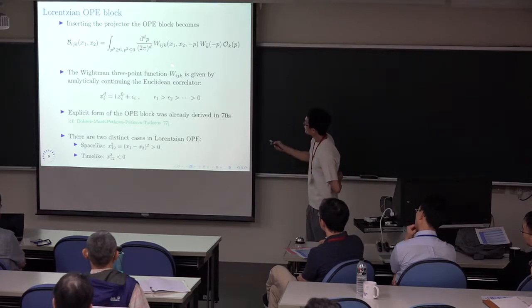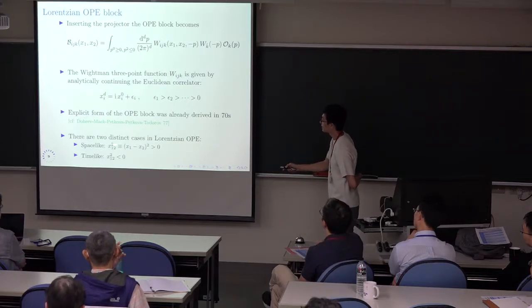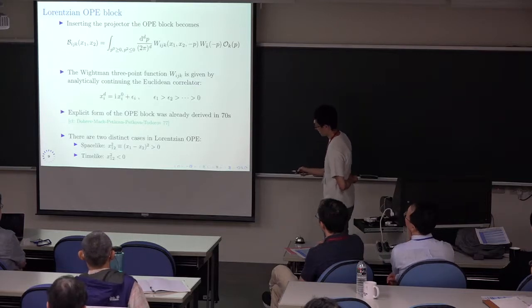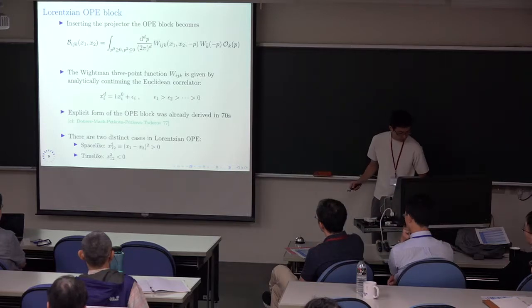And in the Lorentzian case, there are two distinct cases, space-like and time-like. The space-like case was also considered in the 70s, and there is a ton of literature.